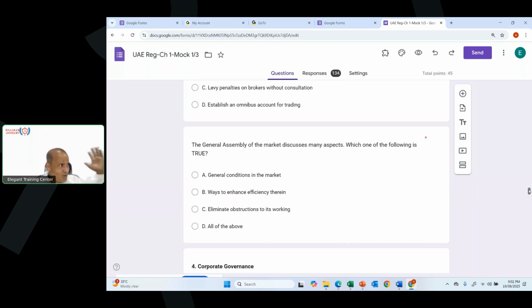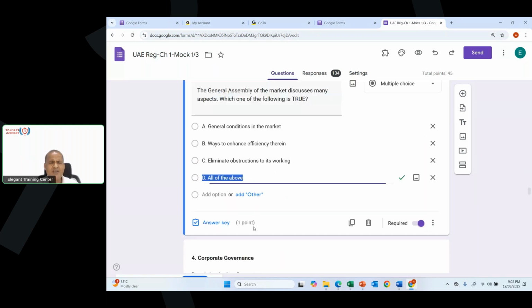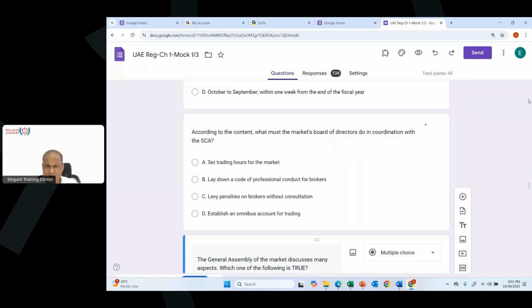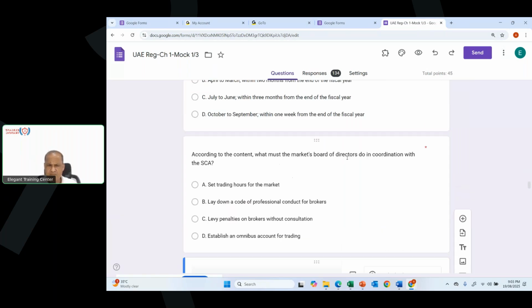On the other hand, there is a person coming from SCA as an observer. Clear? In that meeting, general conditions of the market, ways to enhance efficiency, and eliminating obstructions to the working are discussed. Clear? Next, the last question, this one will wind up now.